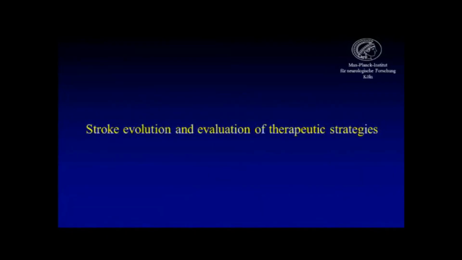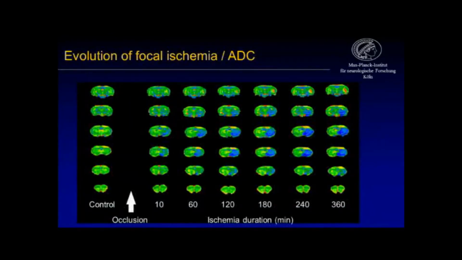So let's now move to the application of imaging. In this case, we look at diffusion-weighted imaging, or even quantitative diffusion parameter images. You see here a multi-slice experiment through a rat brain before occlusion. Now, in this case, the animal was not moved out of the magnet to occlude.